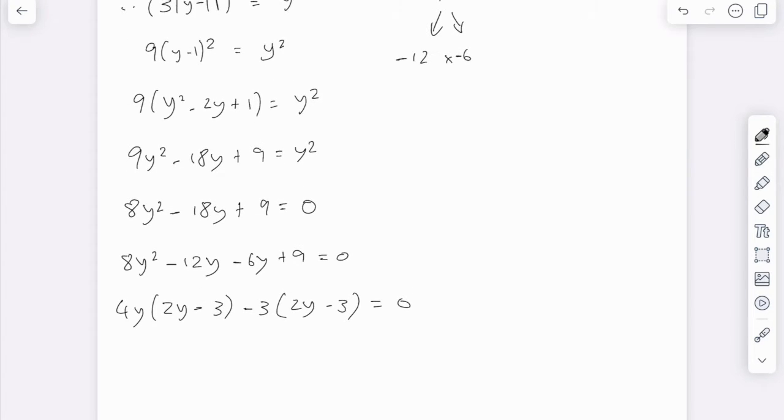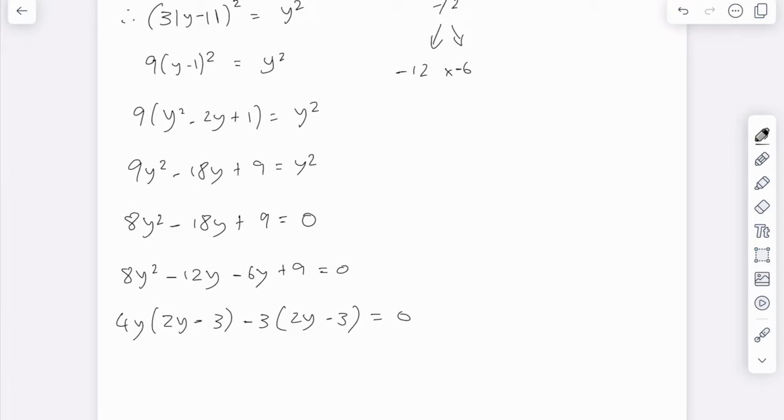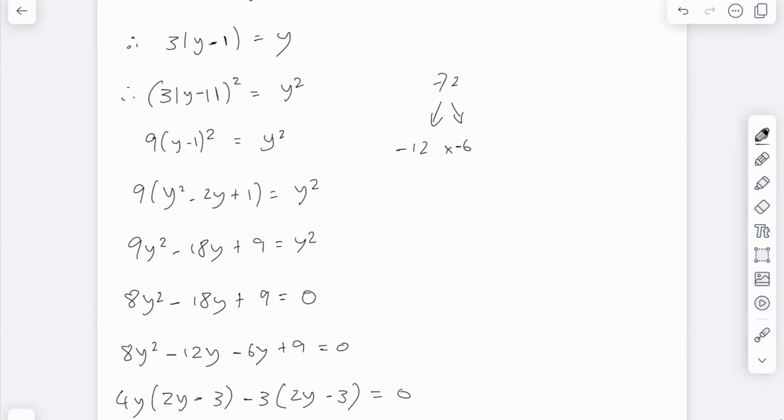Alright, perfect. So from here guys, we can group this. So we get the following. We get 4y minus 3 times 2y minus 3 is equal to 0. Okay, so then what we get is the following.